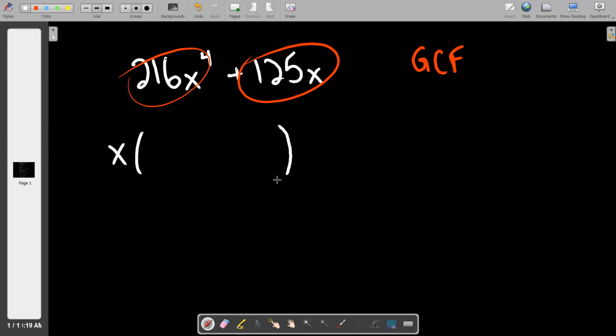So what is 216x to the fourth if I remove one of his x's? Nice. And what is 125x if I remove his x? Good. So pulling out a GCF is really doing the distributive property backwards. It's undistributing the x.